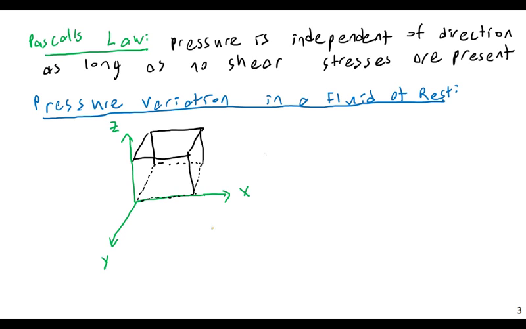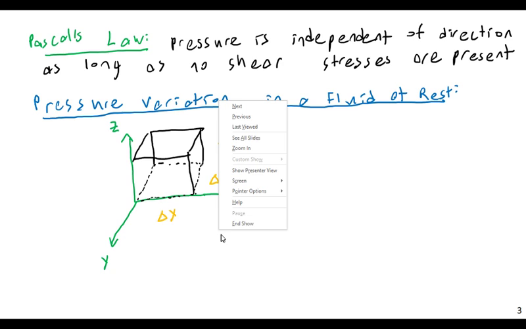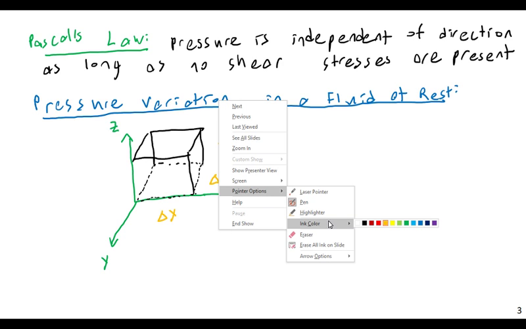Okay, so let me label dimensions again. This is going to be the same delta x, the same delta y, and then I'll have a delta z. Now I'm going to show 6 different pressure forces on this, one on each of the faces.